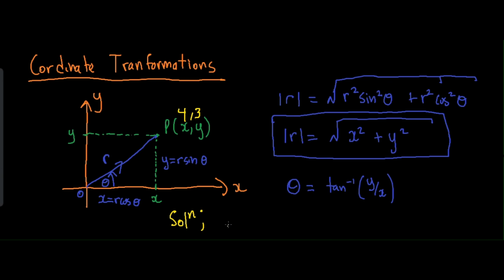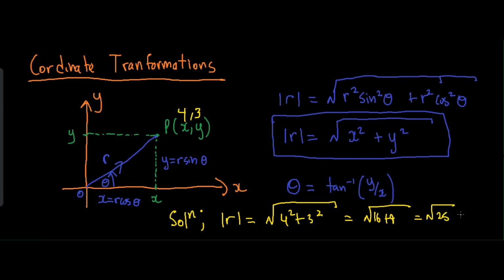We could describe this as a radius, or a line starting from the origin with a magnitude of the square root of 4 squared plus 3 squared, which is root 16 plus 9, which is root 25, which is just 5.